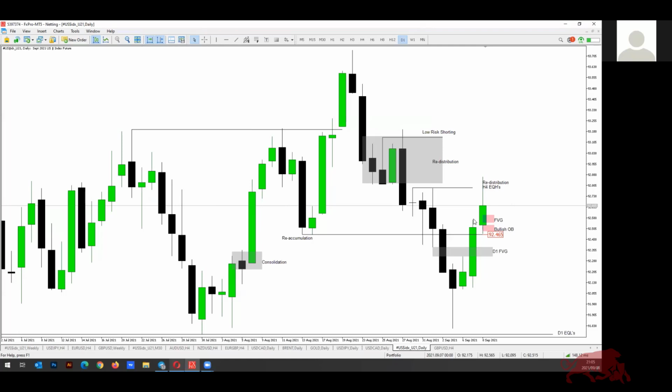You can see they traded right into this bearish order block, and then price found resistance. It rejected higher prices. So this candle here and tomorrow's candle is going to give us a clear signal whether that's a clear redistribution.